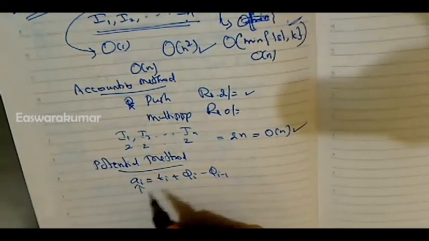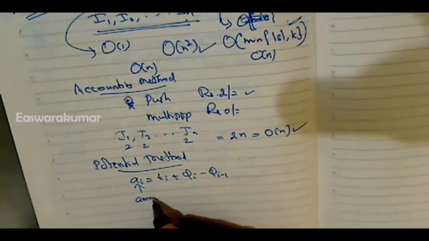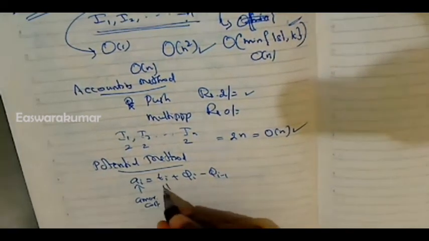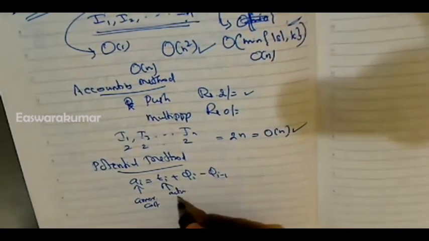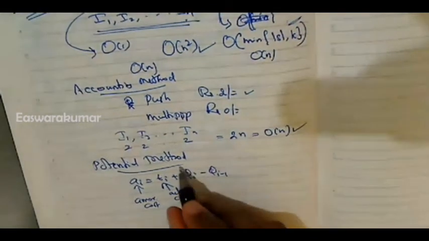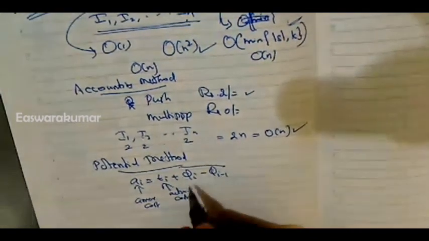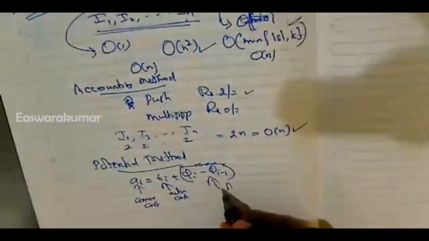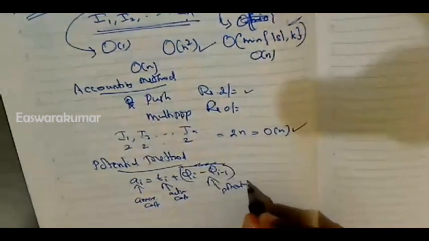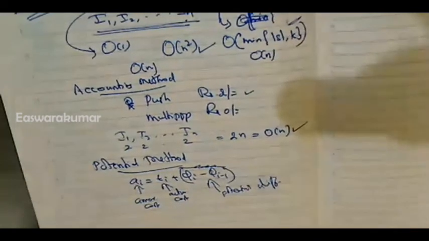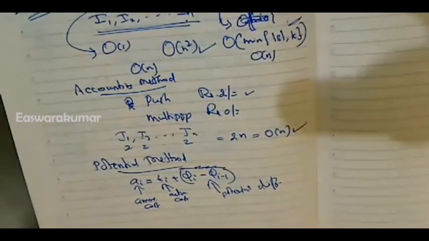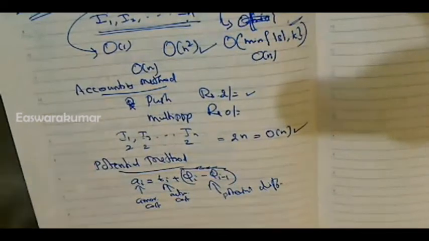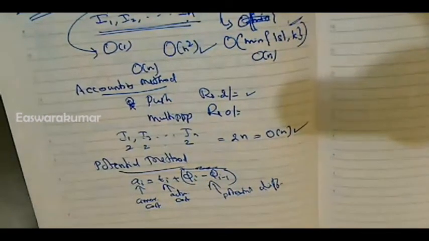So A_i is the amortized cost, T_i is the actual cost, and pi_i - pi_(i-1) is the potential difference. Now, whether this formula is correct or not, we should confirm.